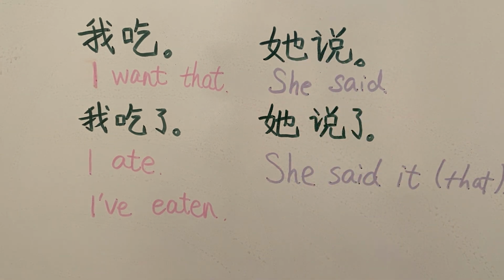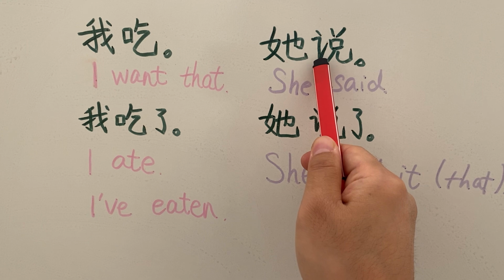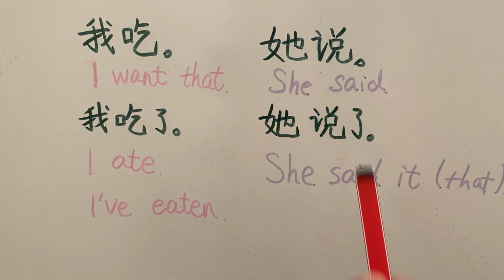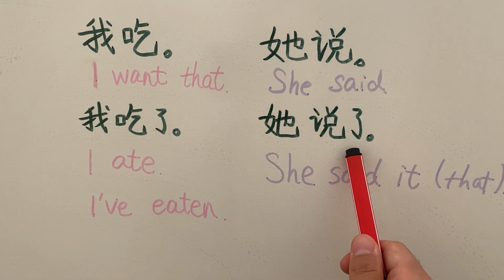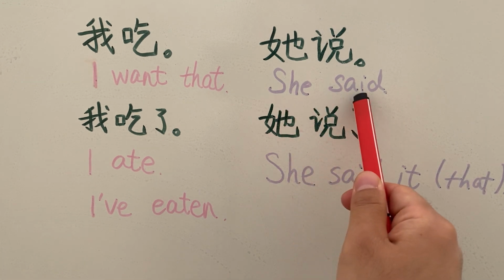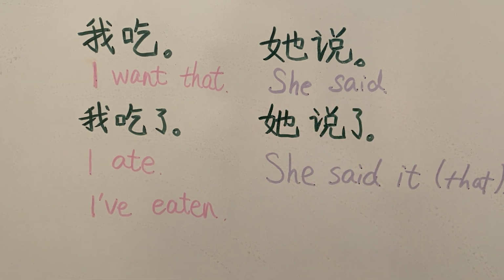她说, she said, okay? In this sentence, this verb, this original form of to say, can be used as the past tense without a suffix 了, without it. 她说 means she said.